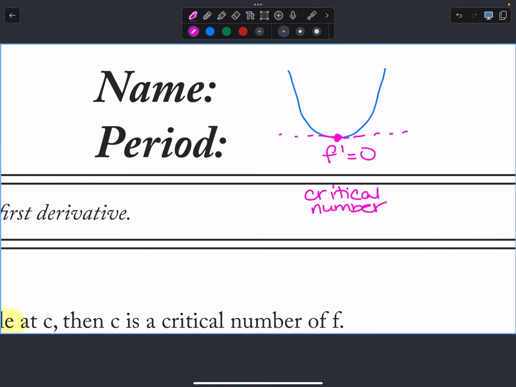And what you notice just by looking at this graph is that there's a minimum value. So at any critical number, I will either have a relative minimum or a relative maximum.